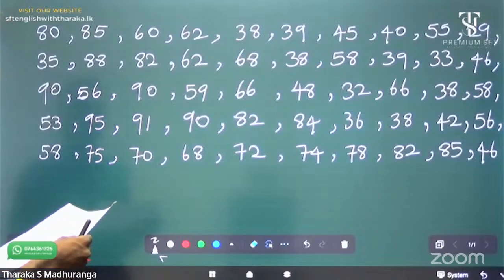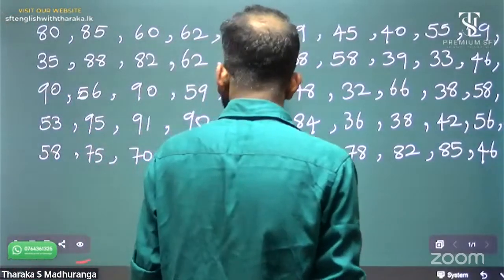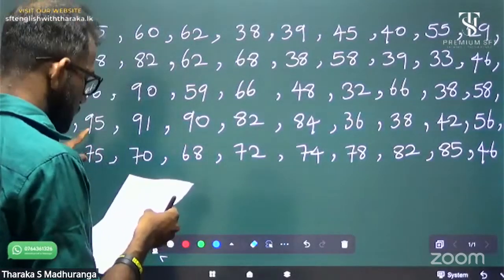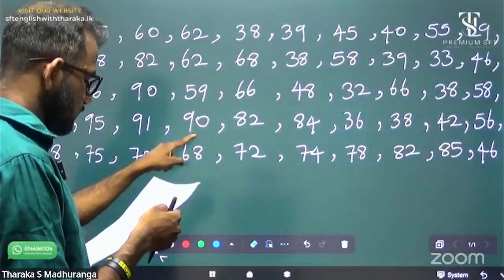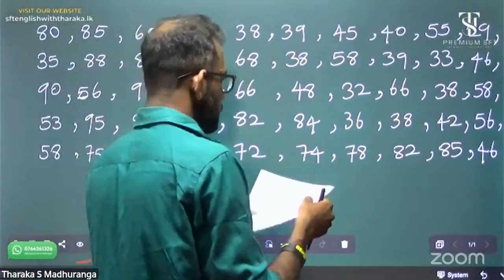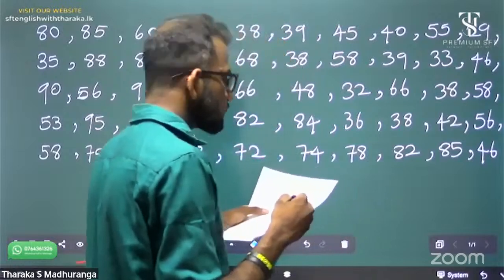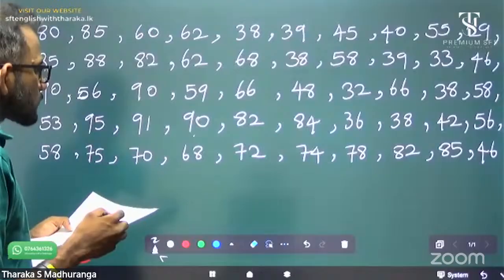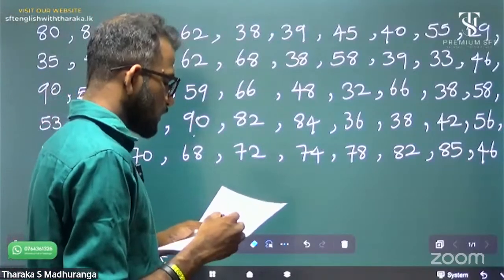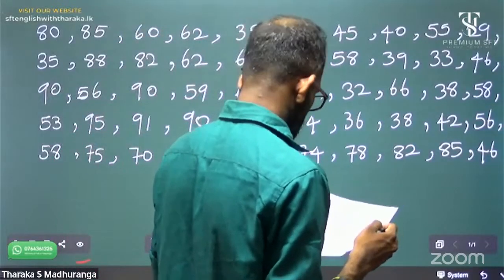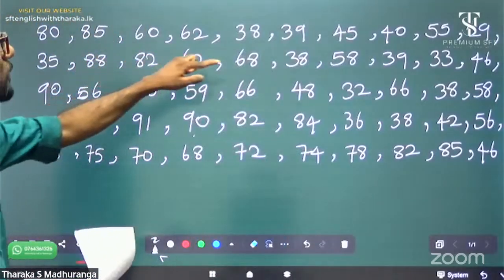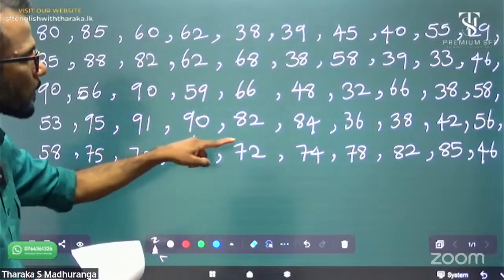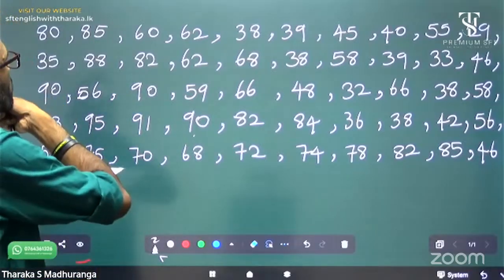But in this one, is there any mistake? 38, 95, 99, 90, 82, 84, 36, 38, 42, 56, 58, 75, 70, 68, 72, 74, 78, 82, 85, 46. What happened? Where did I make the mistake?